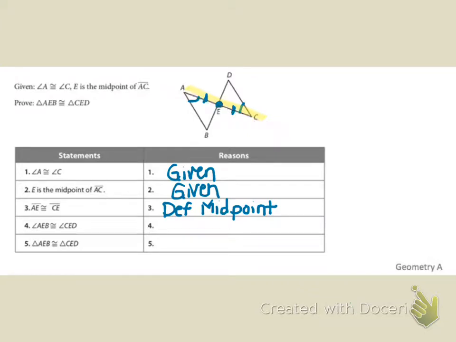So we're applying the vertical angles theorem within these triangles because these angles are formed by those two segments that intersect, and then they go on to create triangles. But those are vertical angles. So we could say these are congruent by vertical angle theorem.